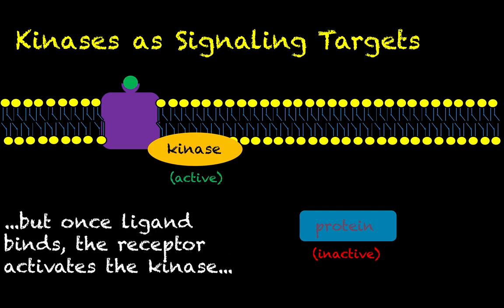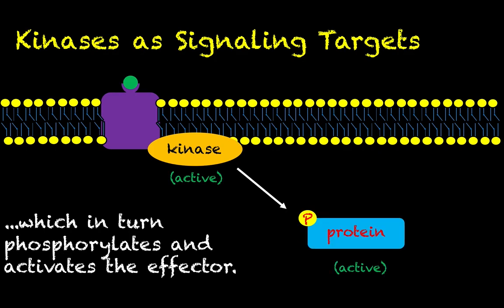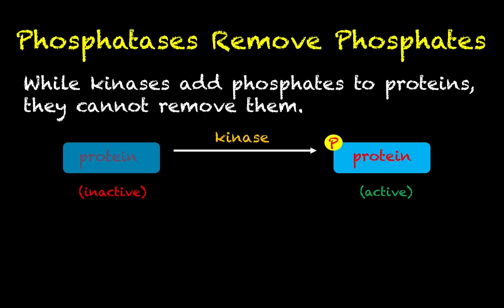But once the ligand binds, the receptor transduces the signal to the kinase, and the kinase now becomes active, and the kinase will then add a phosphate onto that protein and activate that protein as well. And then the rest of the intracellular physiological response will be owed in large part to the activity of whatever this protein is going to do now.